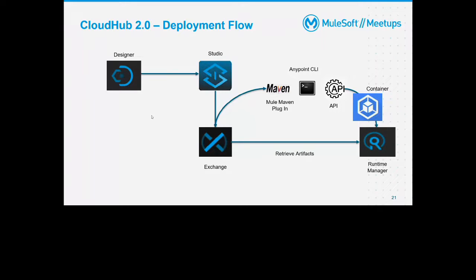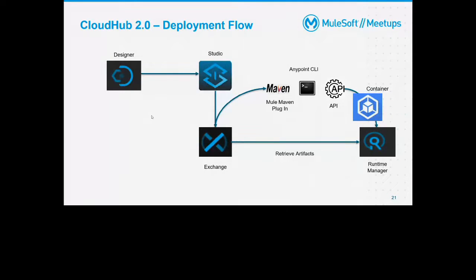If you use that snapshot version, Exchange will automatically consider that it's not a stable version, it is still under development, right? So when you want to deploy your application with an asset from Exchange which is in a development version, it will not allow you to deploy, because it will throw an error saying that you cannot deploy a stable application with dependencies which are still in development stage.